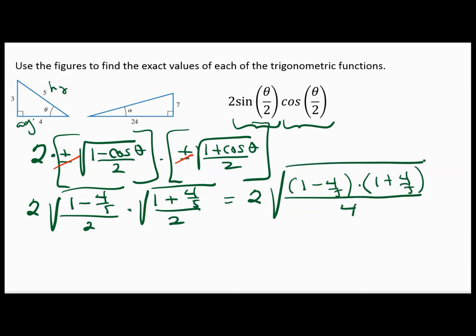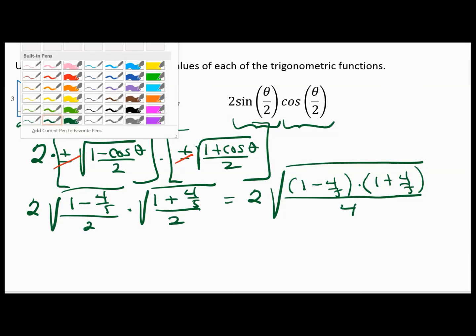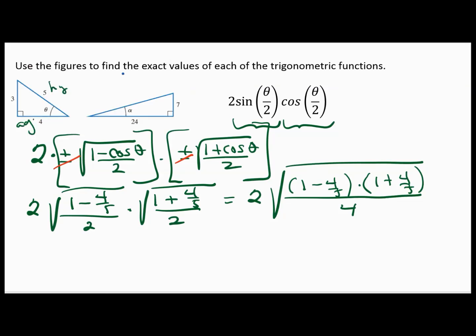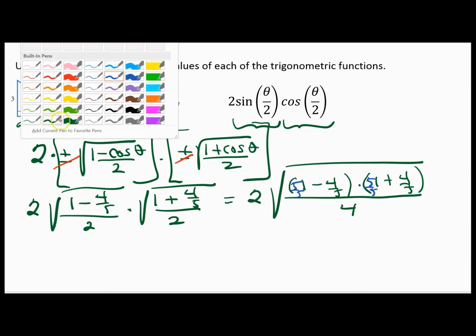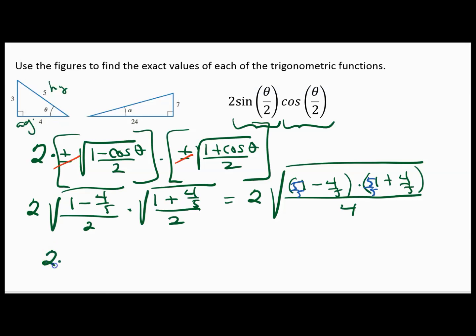Okay, now 1 minus 4/5, if you need to, find your common denominator. So that's going to be 5/5 minus 4/5, and then 5/5 plus 4/5. So I have 2 square root of 1/5 times 9/5, all divided by 4.